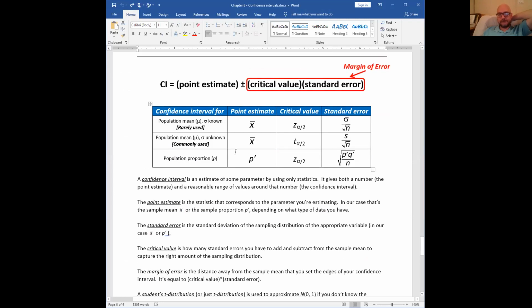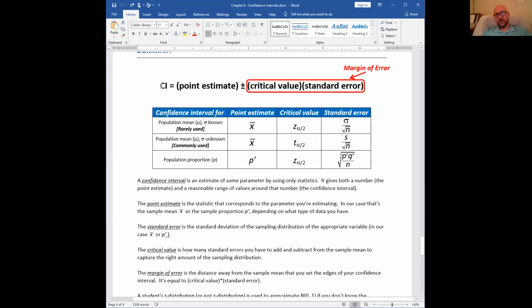So remember this formula for confidence intervals. We will use this every time we make a confidence interval. Each of these pieces, the point estimate, the critical value, and the standard error, might be calculated a little bit differently depending on what type of data you've got and how much data you've got. But the basic formula always remains this.